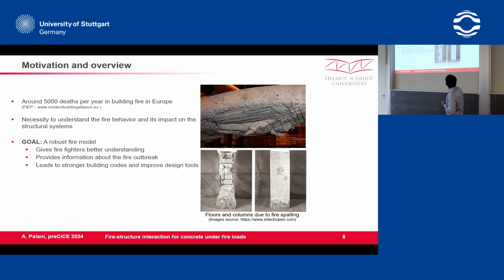In the pictures, you can see experimental studies with fire, and you can see the columns are ruptured. We call this spalling. I will come to that word later, but you can see the effect of fire or thermal load on the structure.